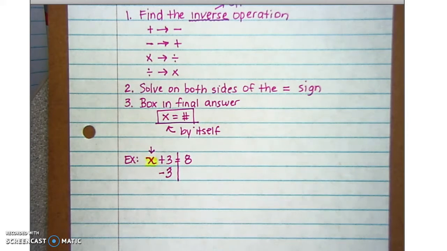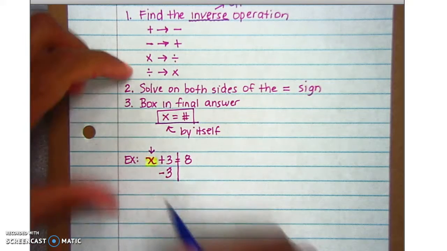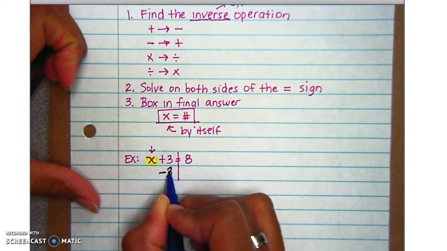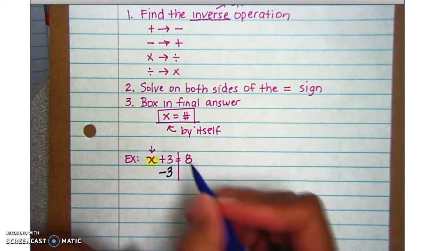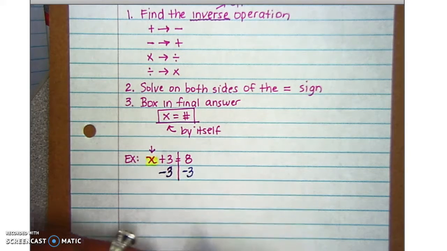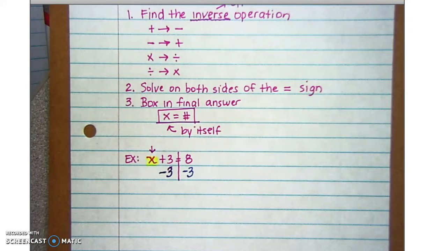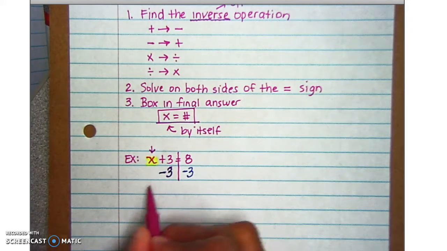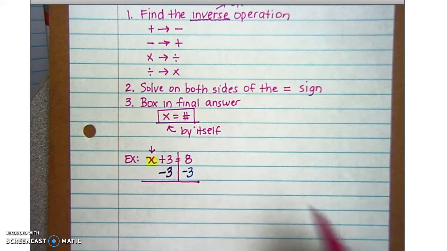And let me change colors so that you can see what we are actually doing. We got minus 3 here. What you do on one side, you have to do on the other, in whatever math that is.